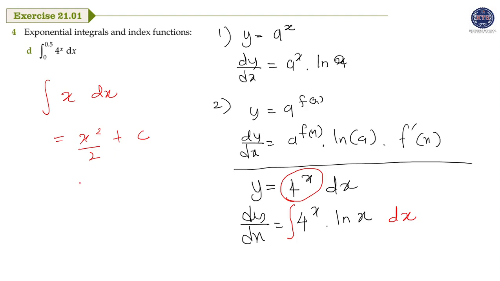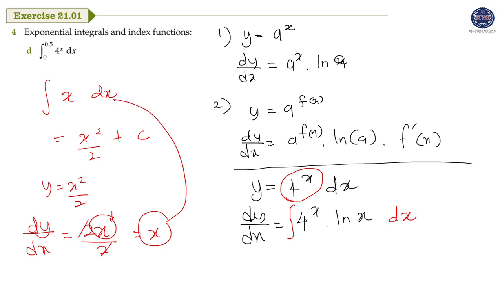Okay, cuba awak differentiate, dapat tak balik x ni? Okay, so dy over dx, you akan dapat differentiate, power bawa turun bawah, right? 2x power minus 1 is 1 divided by 2, so cancel. Kan dia dapat x ni, so dia akan copy balik sini, betul tak? Alright, so therefore we have to start from here lah, from the differentiation.